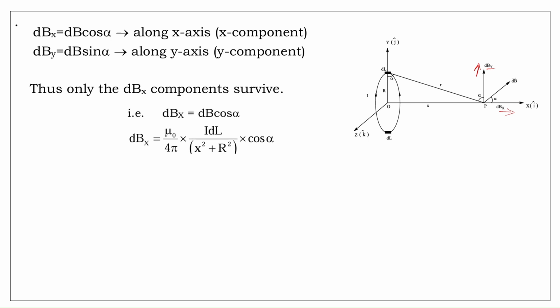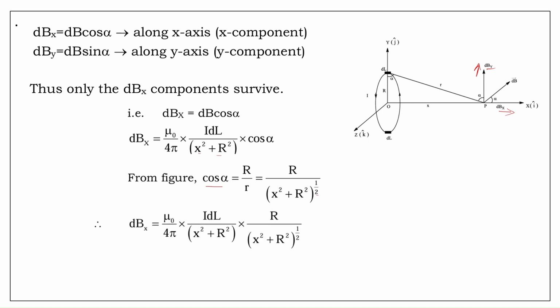That is, dBx is equal to dB cos alpha. dBx is equal to mu naught by 4 pi into I dl by x square plus r square into cos alpha. From the figure, cos alpha is equal to r by small r, that is equal to r by x square plus r square to the power 1 by 2.